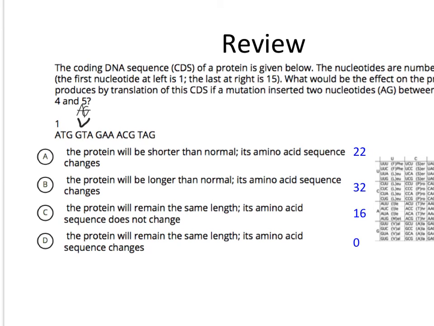There's a variety of answers. Why did nobody pick D? Poor D. What is it about D that you don't like for an answer to this question? What happens to the protein that's encoded by this messenger RNA with this mutation? So why not choose D?